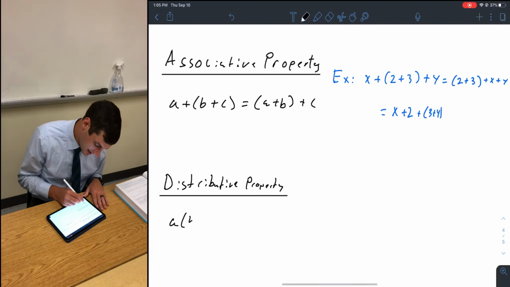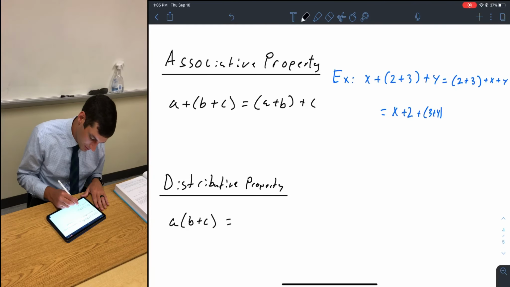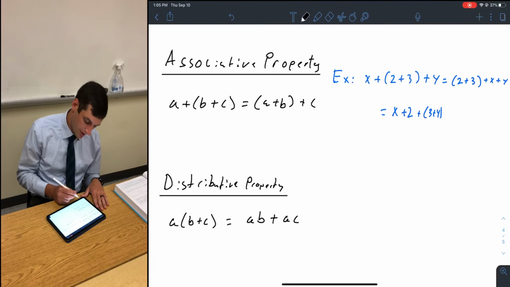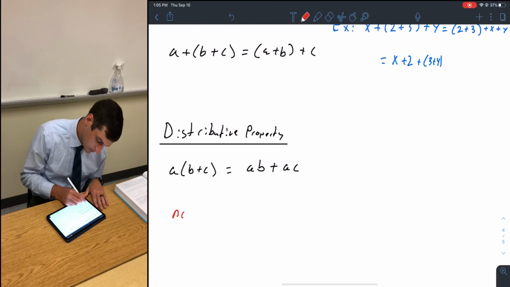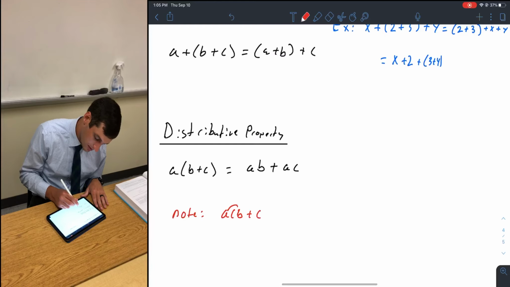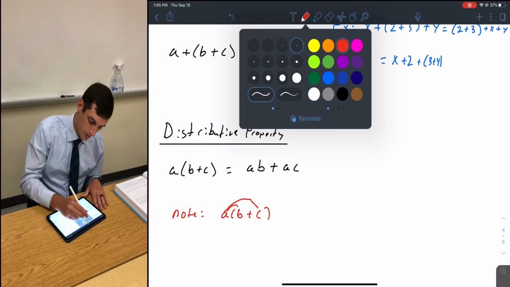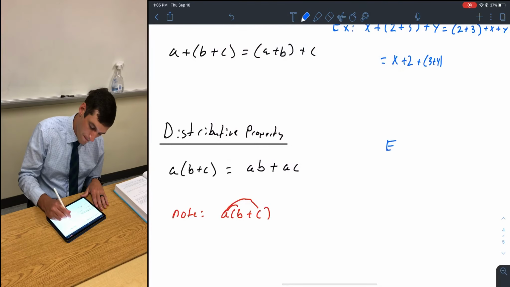A times B plus C is equal to A times B plus A times C. So if you notice, I'm going to draw down here as a note. A was multiplied by B, and A was also multiplied by C. And we'll go ahead and do an example.